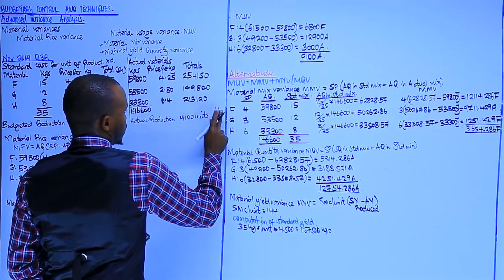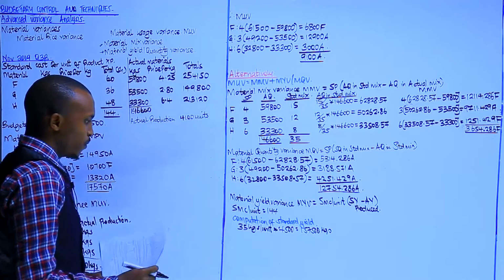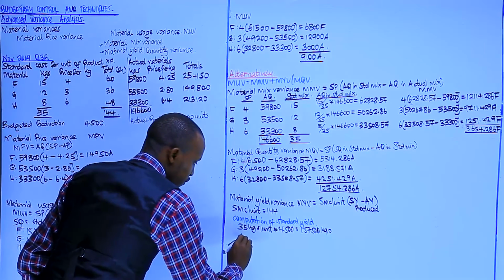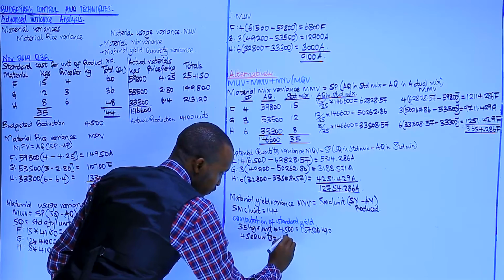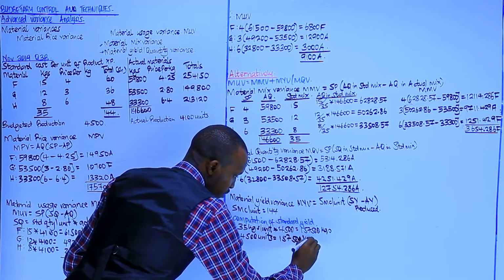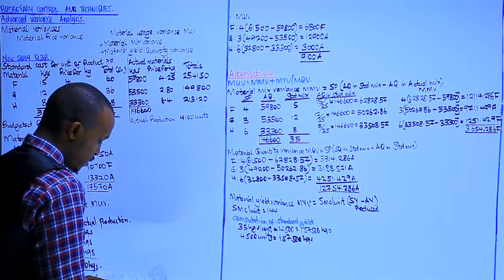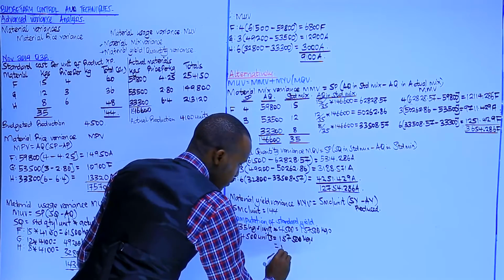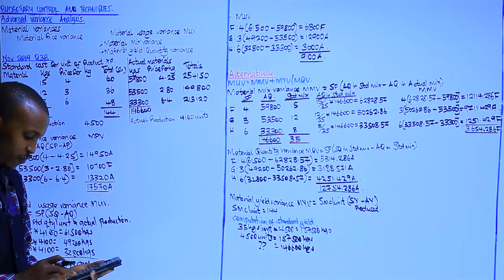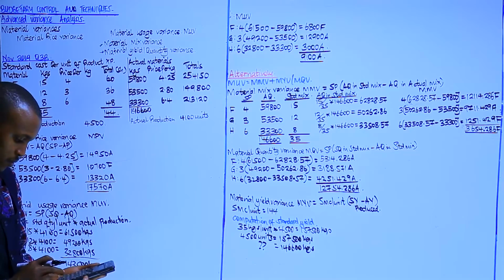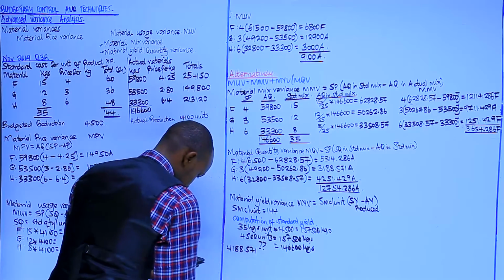So just that, say that 4500 units you use 157,500 kgs. With 146,600 kgs, how much should have been your output? 4188.571.